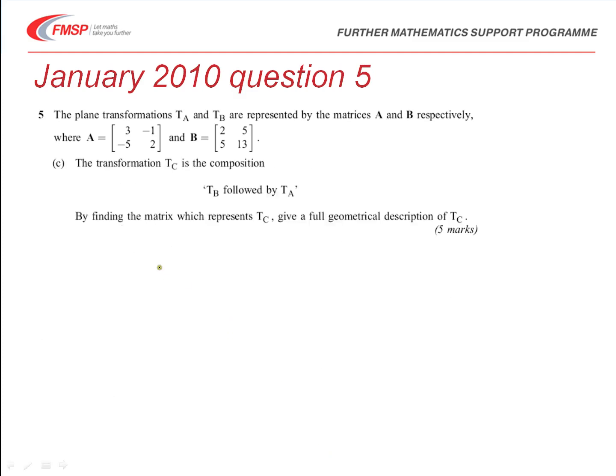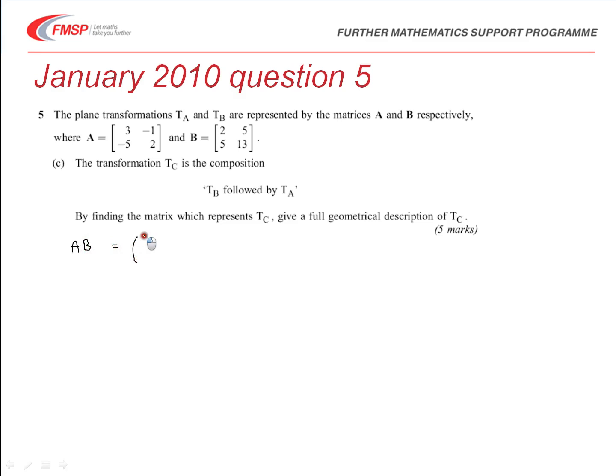Finally, moving on to part C, we've got to find the single transformation TC, which is the composition of TB followed by TA. So we've got to find the matrix and then describe the transformation. Key thing is then, if it's TB followed by TA, then that must mean that matrix A goes in front of matrix B. Okay, so that's the first key thing, is getting those matrices the right way around.